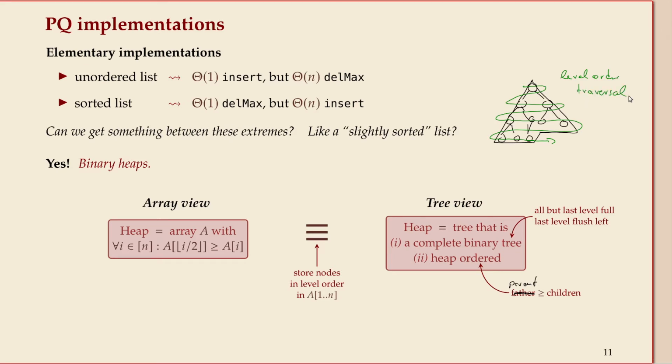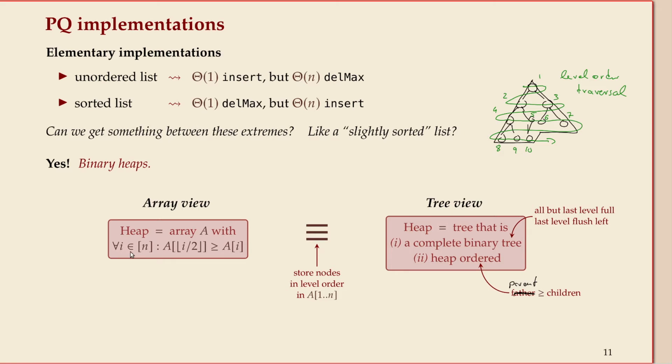And then you assign indices in the array like so. You start with 1, then 2, 3, 4, 5, 6, 7, 8, 9, 10, and so on if the tree was bigger.